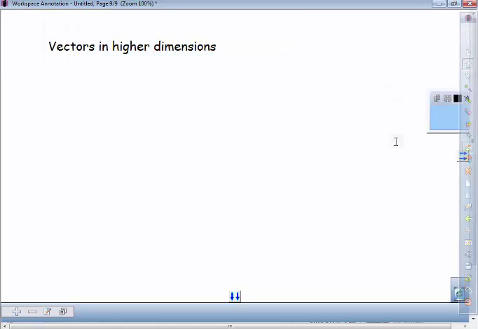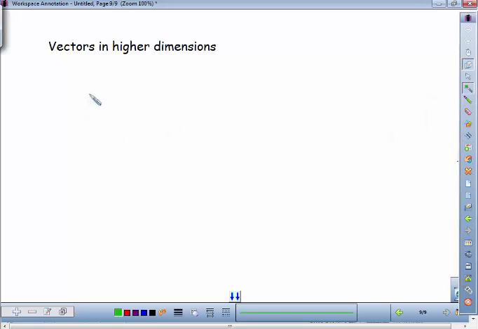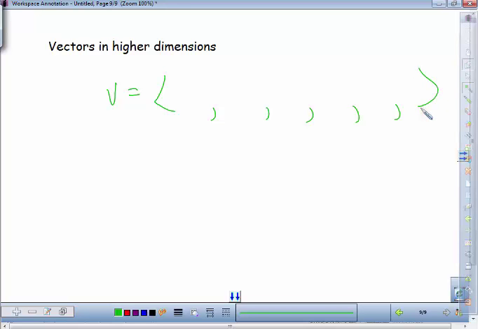A vector is really just a collection of numbers. And it doesn't really matter what we have in there. It'd just be a collection of numbers, and that can be represented as a vector.